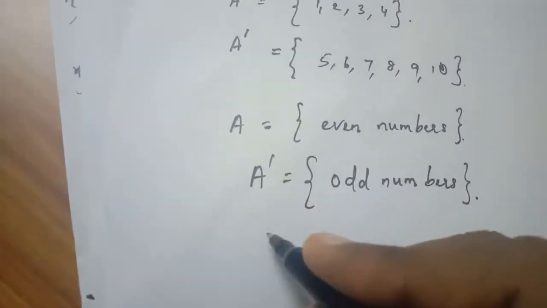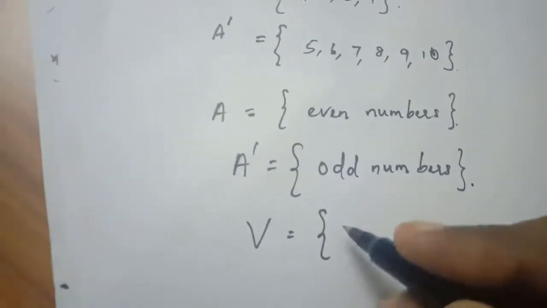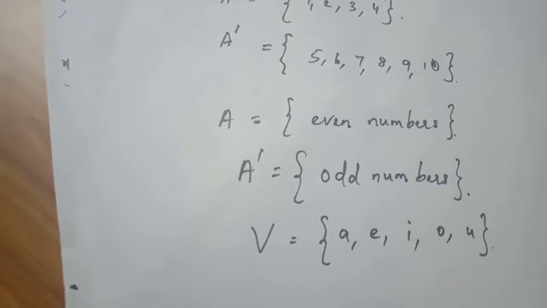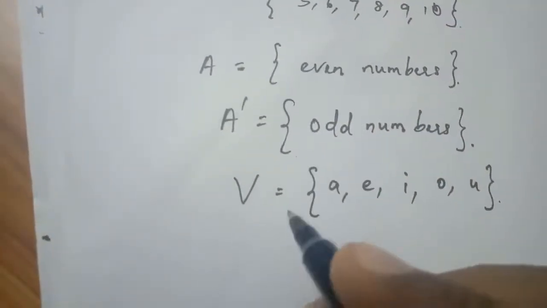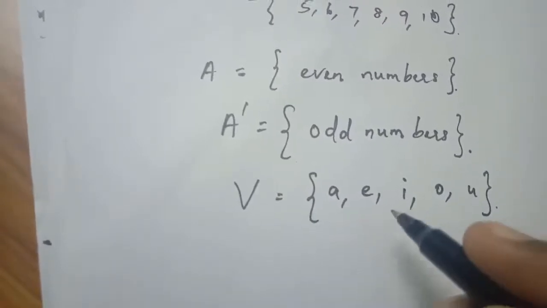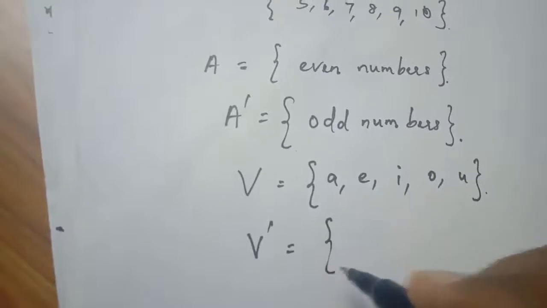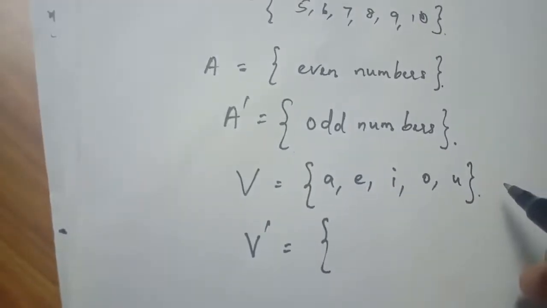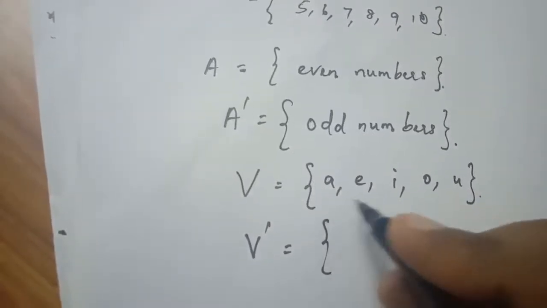Okay. Now if you take a set of vowels, we know that vowels is equal to set A, E, I, O, U. And we know that when we consider the set of vowels, the universal set will be the English alphabets. Okay, then V complement, complement of the set of vowels, will be all the elements from English alphabet but not the vowels.